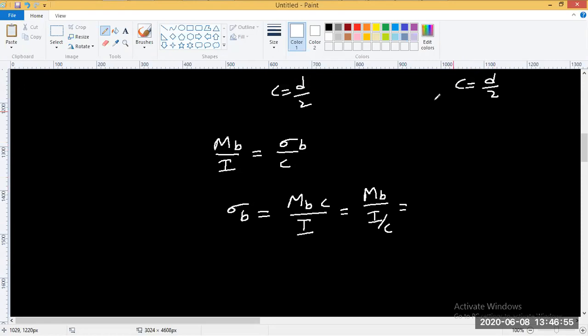That is denoted by Z. Z is also called the section modulus.